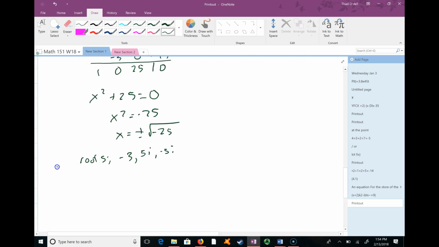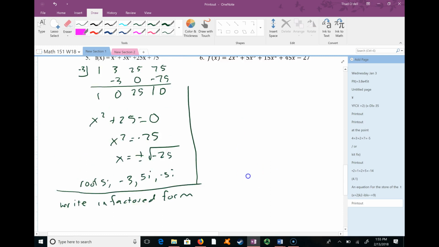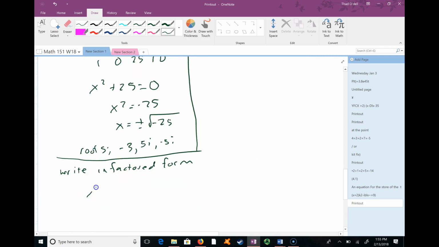Okay, and just so we're abundantly clear, if I would have asked to write it in factored form, then negative 3 comes from the factor x plus 3.